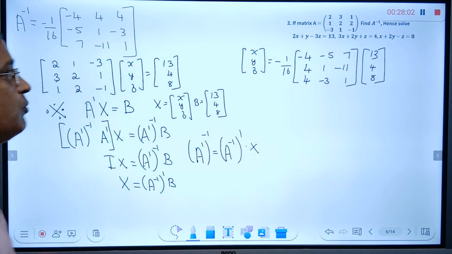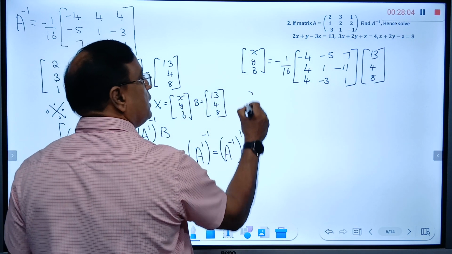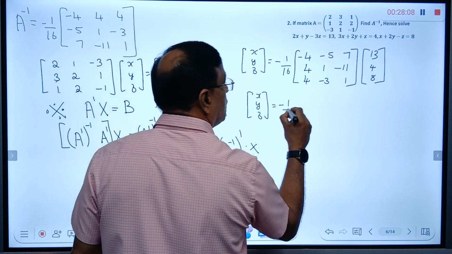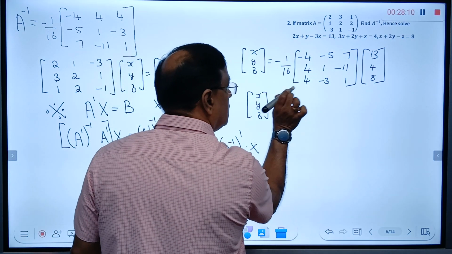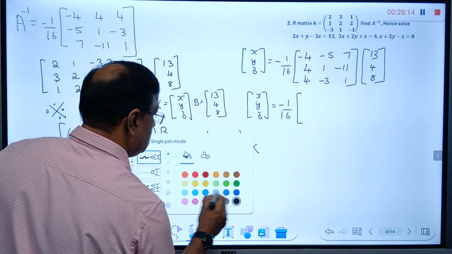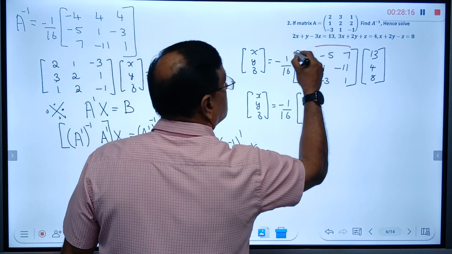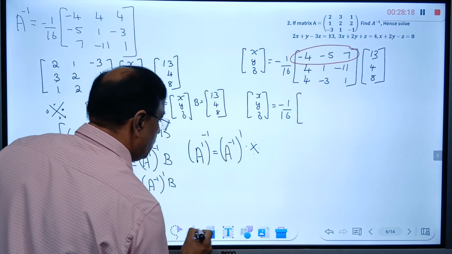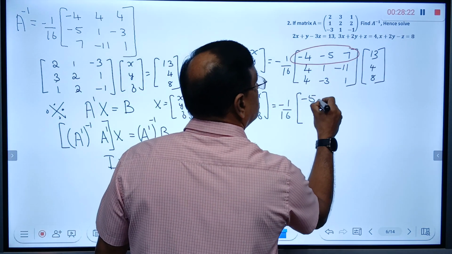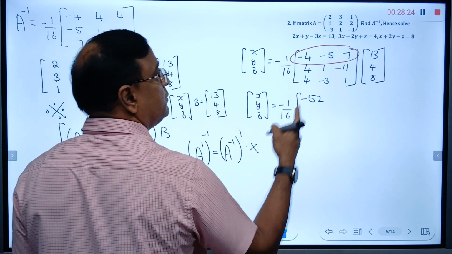Correct? Now I am going to multiply. How do I multiply? You know this very well. We have done this in the previous problem also. This is 16 into. Now let's see how to go about it. This is my first row, first column. What do you get? Minus 52. Right? 4 3s are 12.